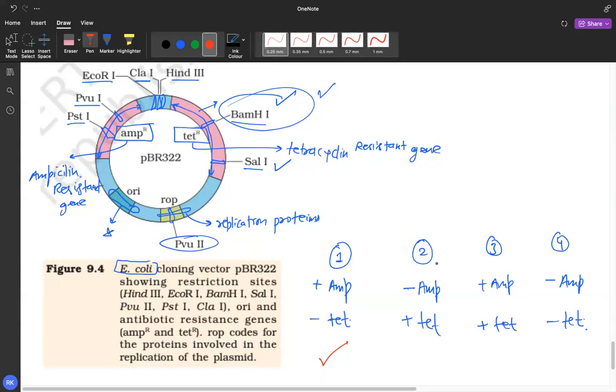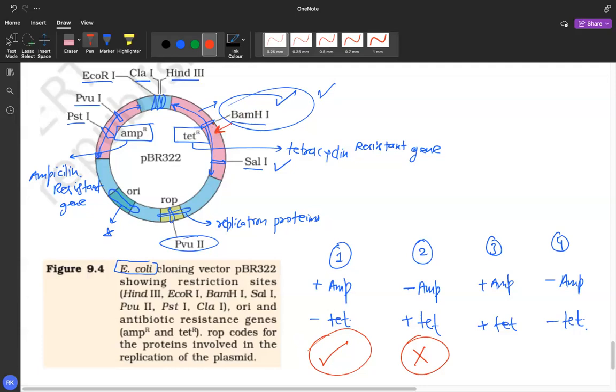So in the second medium, where there is no ampicillin and only tetracycline, the bacteria will die. Why will it die? Because it did not have antibiotic resistance against tetracycline, because we inactivated it by putting our gene of interest here using BAM H1.